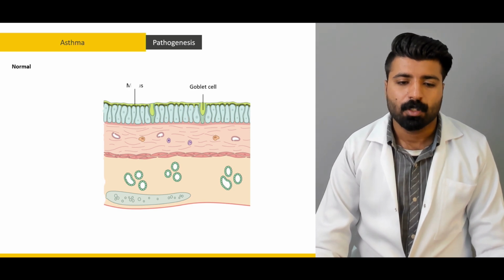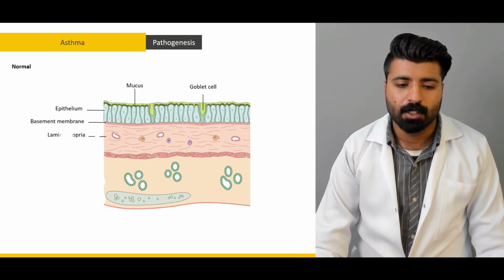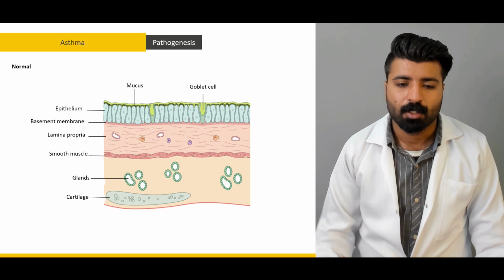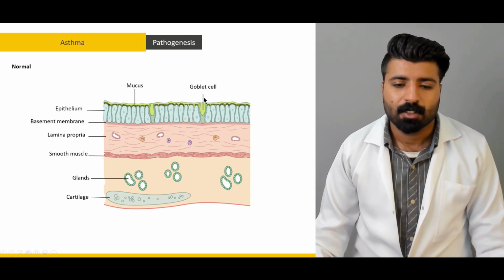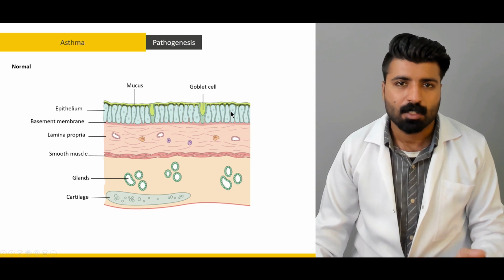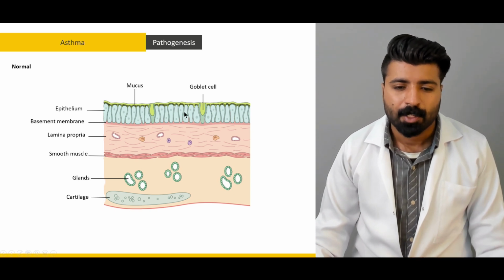As we talked about all of the layers and all of the cells before, these are the goblet cells which are going to produce all of the mucus. These are cilia, the basic function of which is to clear the mucus. As you can see, as the antigen has been introduced, the production of mucus has been increased many folds.